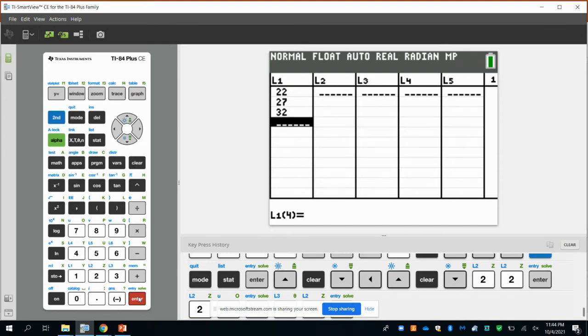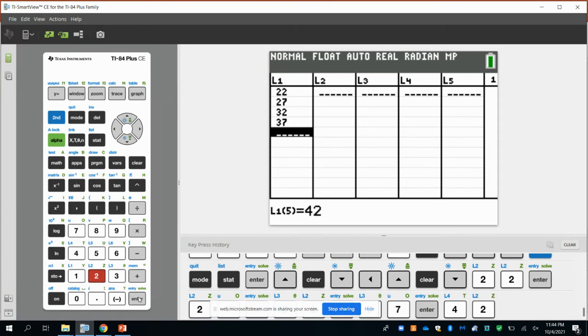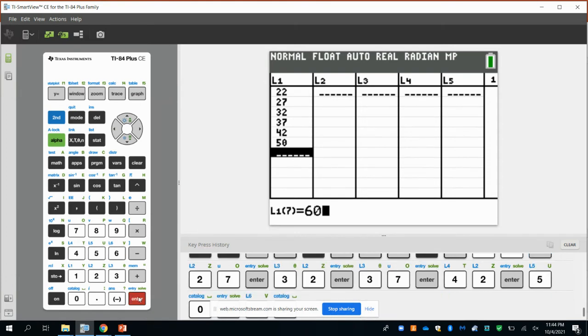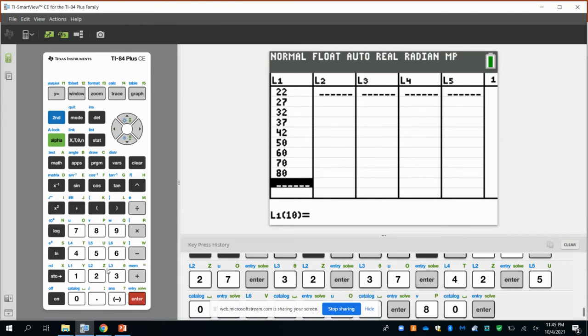I'm going to enter all the X at one time, and then enter all the D, the percentage divorced. 37, 42, 50, 60, 70, 80. Let's double check to make sure all the data is entered accurately into the calculator. 22, 27, 32, 37, 42, 50, 60, 70, 80.